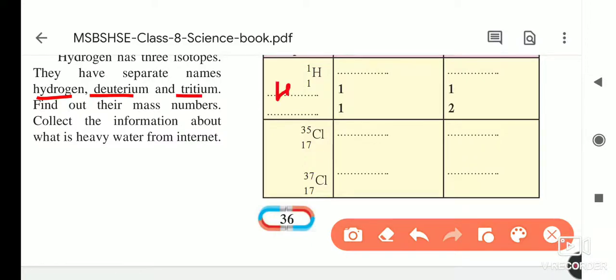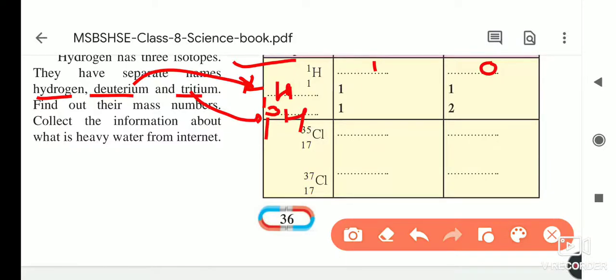So H here atomic number 1, here it is 2, H atomic number 1 and atomic mass number is 3, and here it is 1 and here it is 0. So in this way you have to complete this box. Now this is hydrogen, here it is given. Second is deuterium, and third is tritium, it is here. So this is about the hydrogen isotopes.